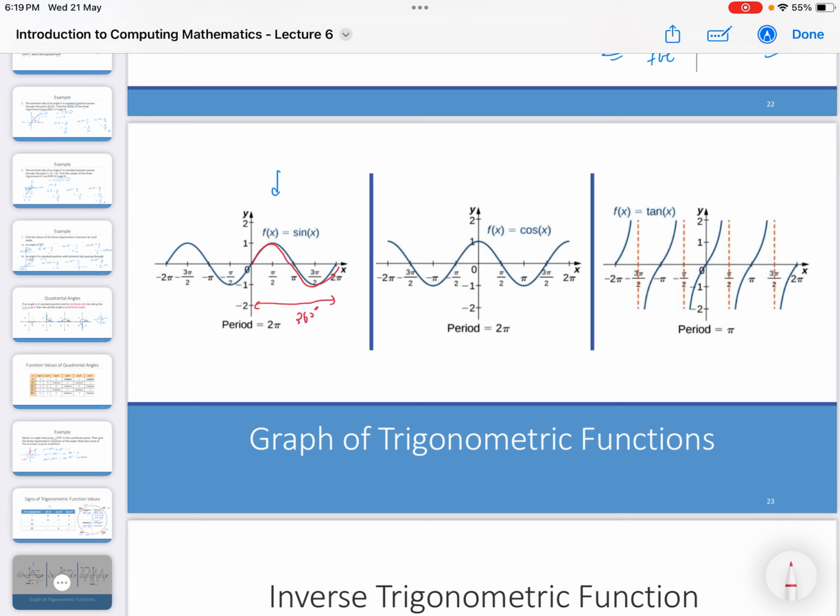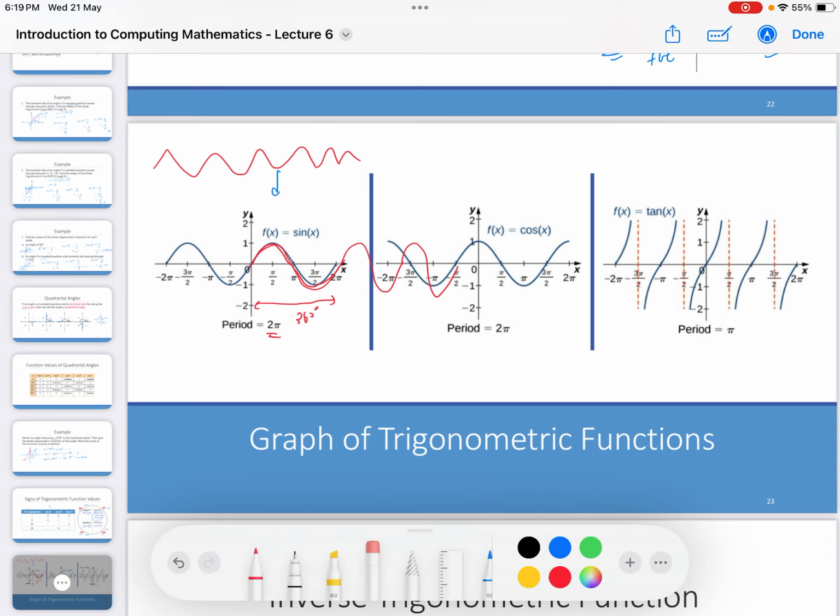So the period here we call 2 pi. We call this function periodic because it has a repeated pattern. The period is where we do one complete rotation, and then we continue like this. That's why the period here is 2 pi to get one complete rotation.